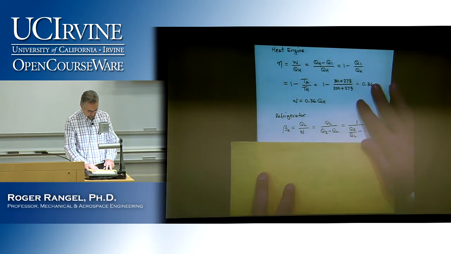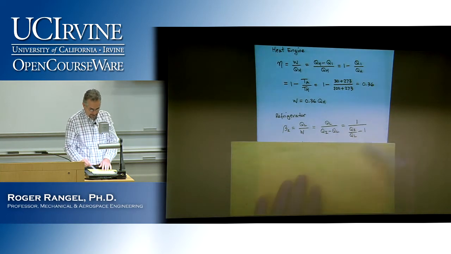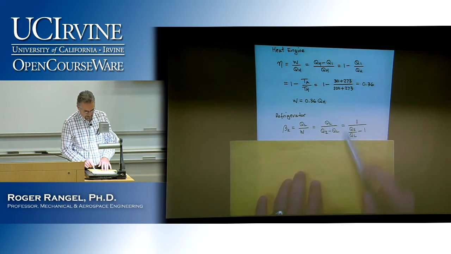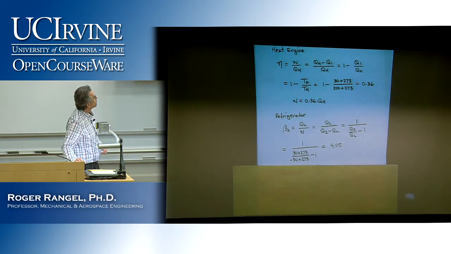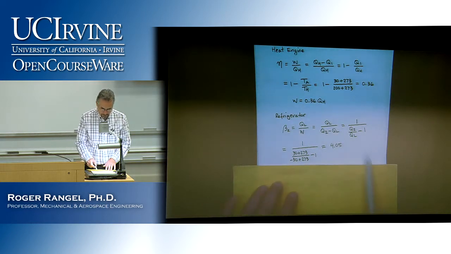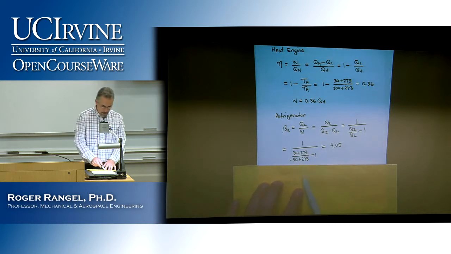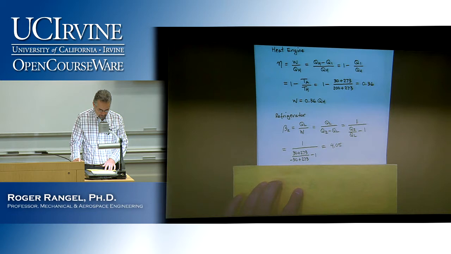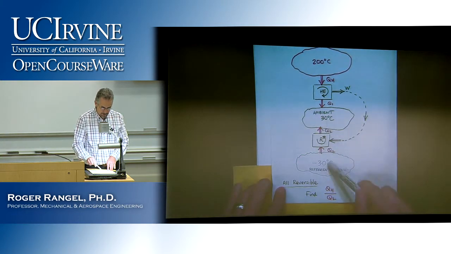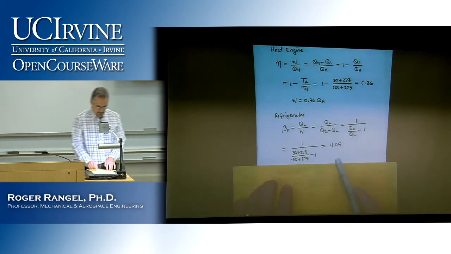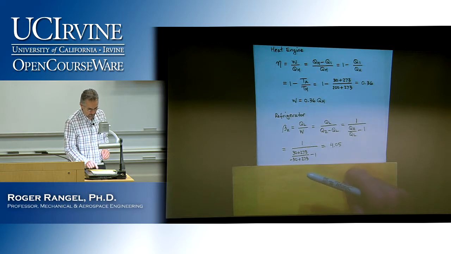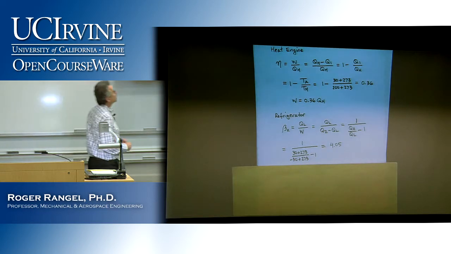Make it the ratio again, dividing by Q sub L. So you have the Q2 over Q sub L. And because it is a Carnot refrigerator, you can again replace Q2 over Q sub L with the temperatures, making sure that you put them in absolute degrees. Those are 30 and minus 30, because those are these two temperatures. So 30 plus 273 minus 30 plus 273, then you get that number. Coefficient of performance of that refrigerator is 4.05.